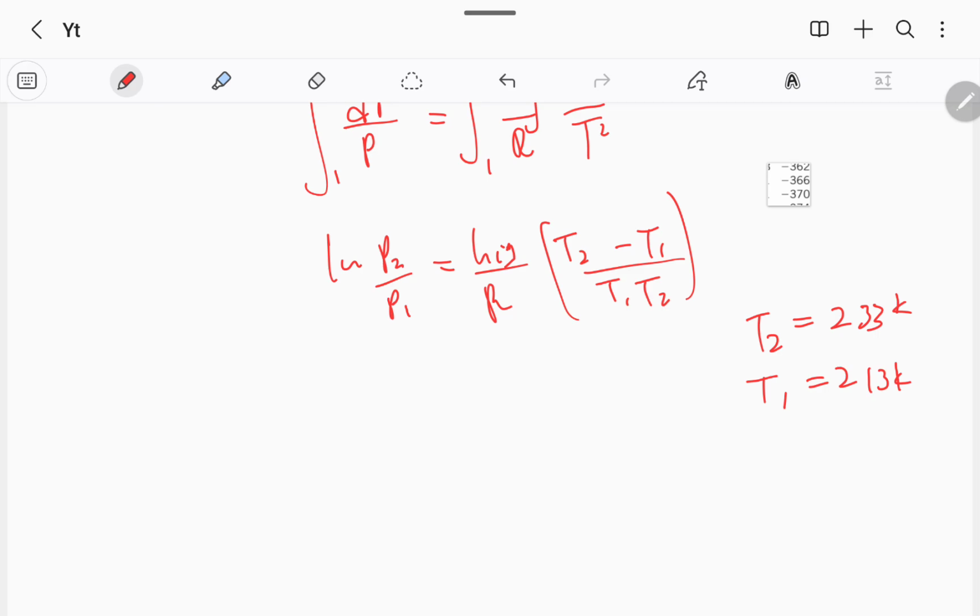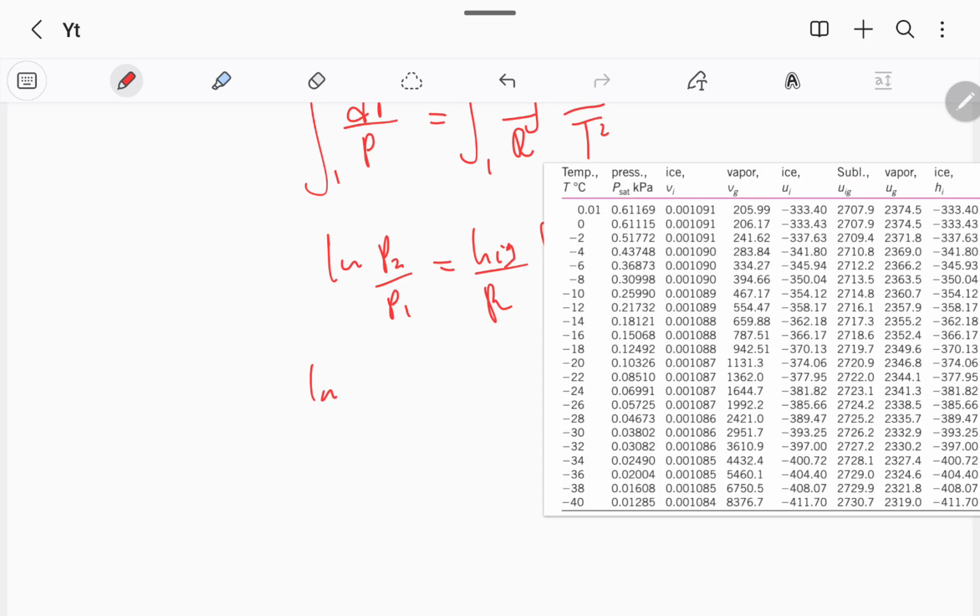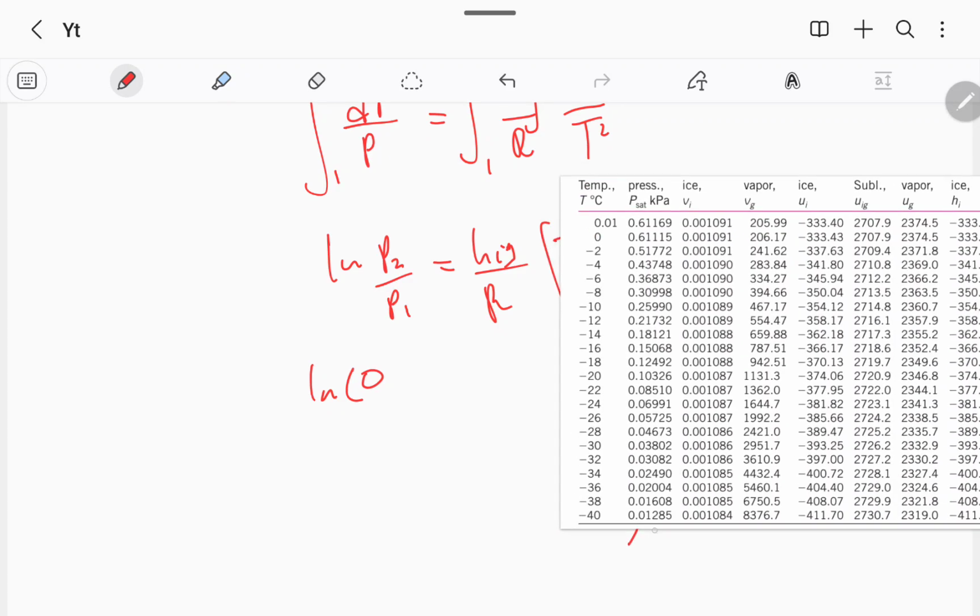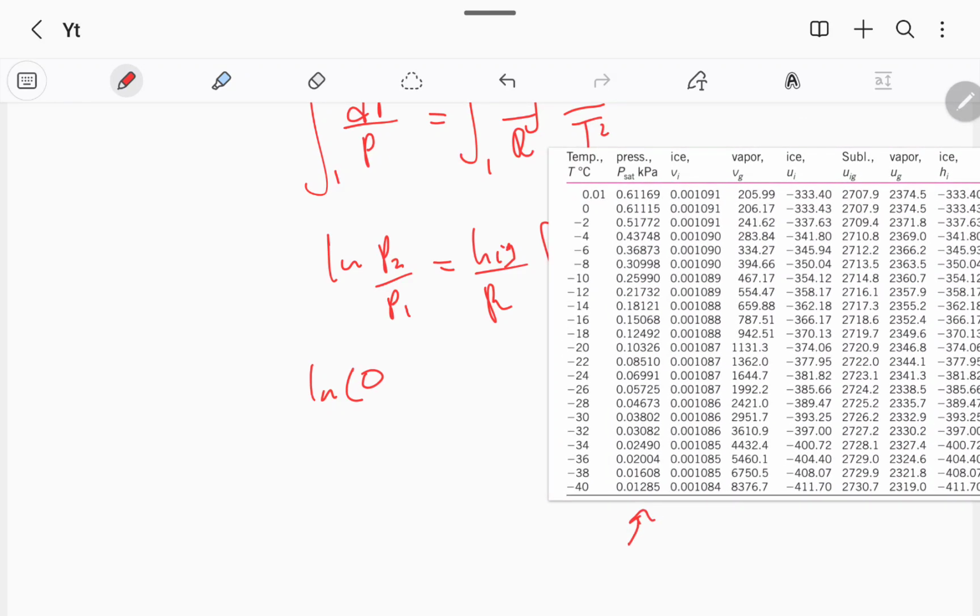So let's plug and play. Now we have ln, forgive me for writing ln like that. P2 is the one we're getting from our steam table, because it's associated with this temperature. You can check my steam table there. It's going to be 0.01285 kPa. And then P1 is what we wish to find.